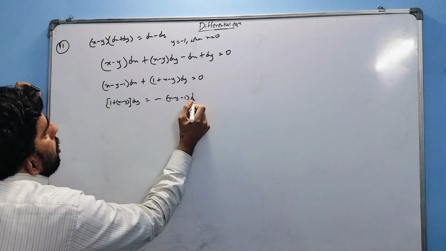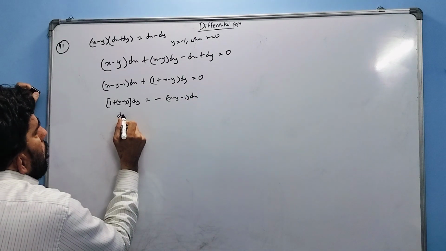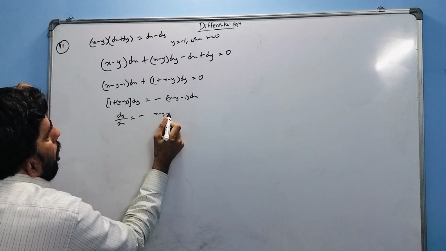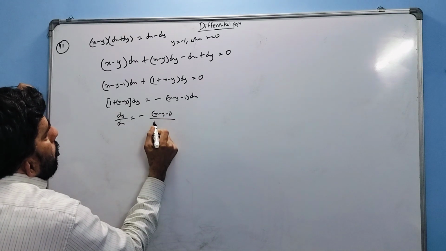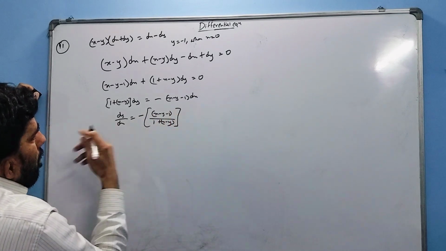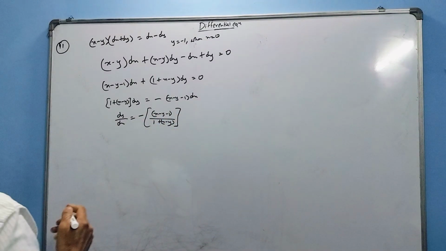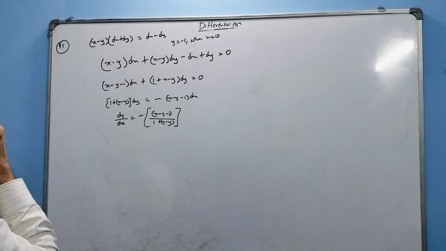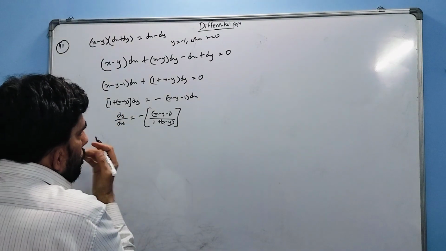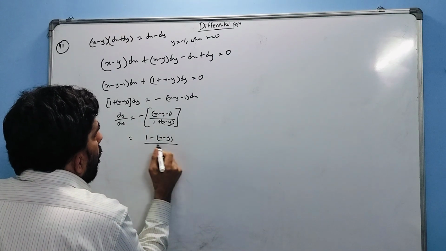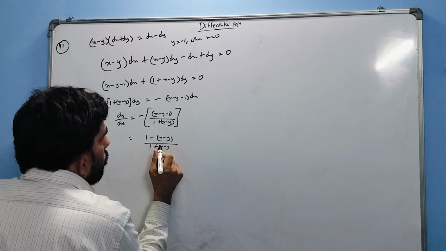So now dy upon dx is equal to minus x minus y minus 1 upon 1 plus x minus y. So now I have this dy upon dx. Now I can write it as 1 minus x minus y upon 1 plus x minus y.